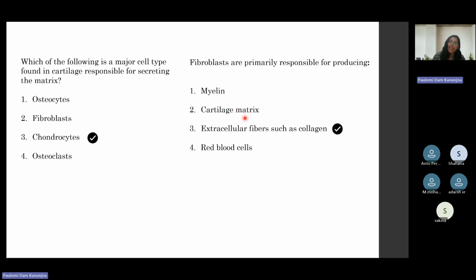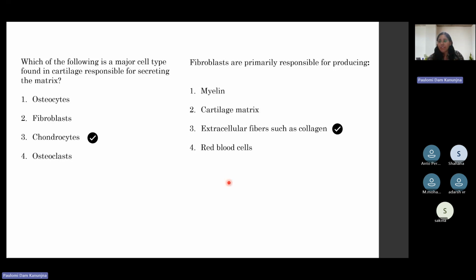Cartilage matrix, as in this question, is from chondrocytes. And red blood cells, if you remember, come from hematopoietic stem cells in the bone marrow. If you remember that, you would have known that this is not the correct answer.